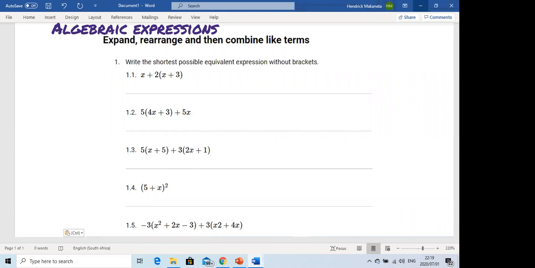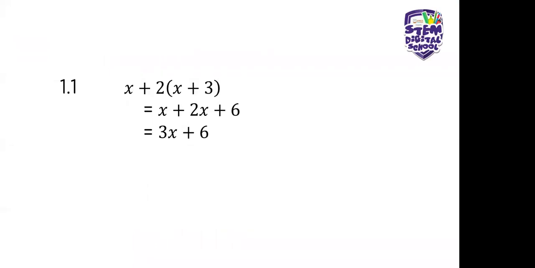So as you can see, we have said that x plus 2 open bracket x plus 3 is equal to, this first x here is the one we had in the beginning. And then you multiply 2 by x, and then 2 times x is 2x, and then 2 times 3 is 6. So you multiply the bracket by the 2 there.